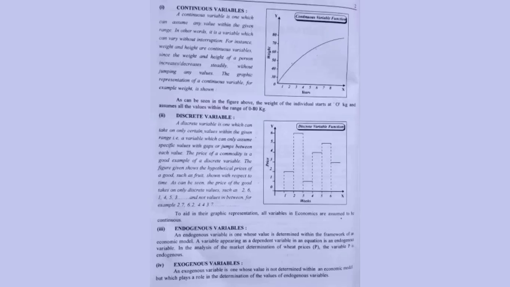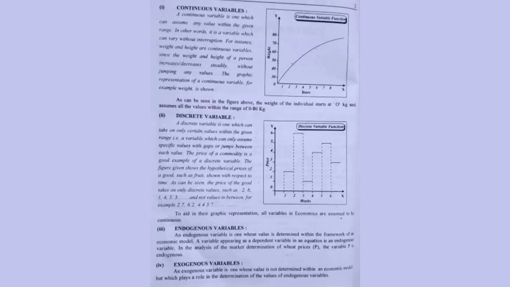A discrete variable is one which can take only certain values within the given range. That is, a variable which can only assume specific values with gaps or jumps between each value. The price of a commodity is a good example of the discrete variable. The figure given shows the hypothetical prices of goods, such as fruits, shown with respect to time.